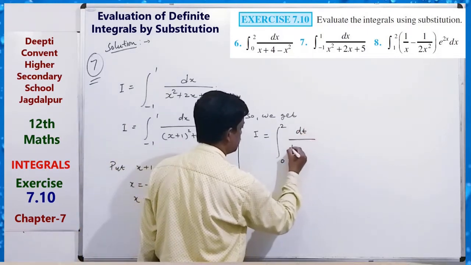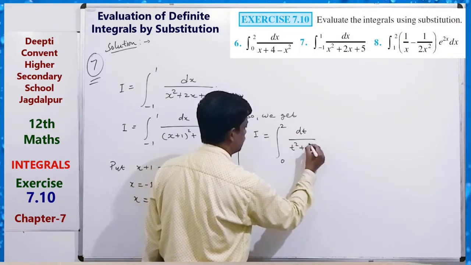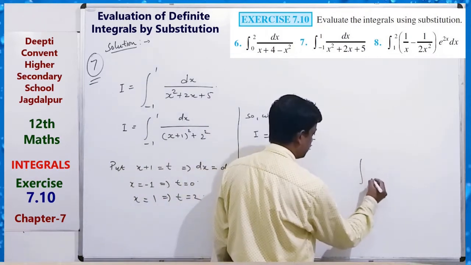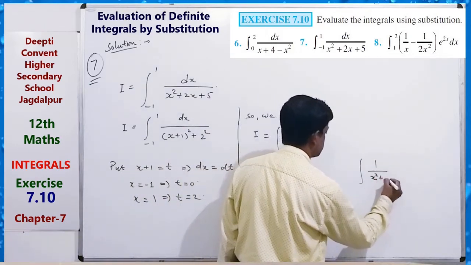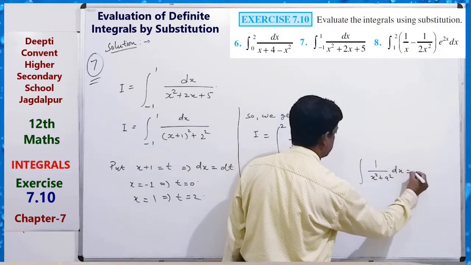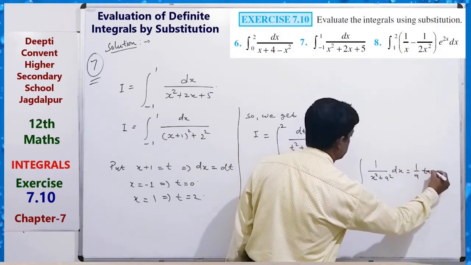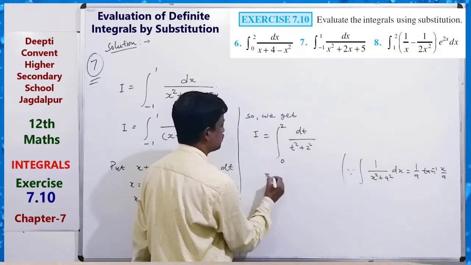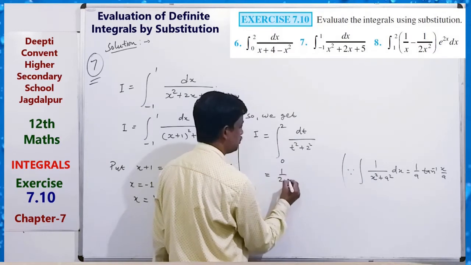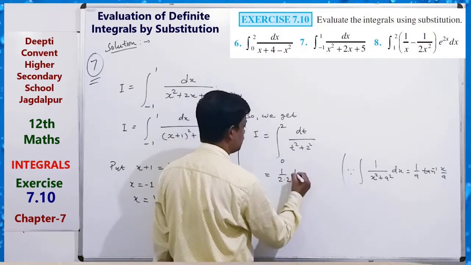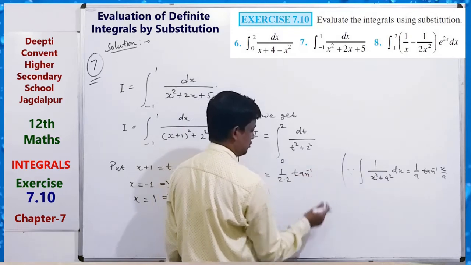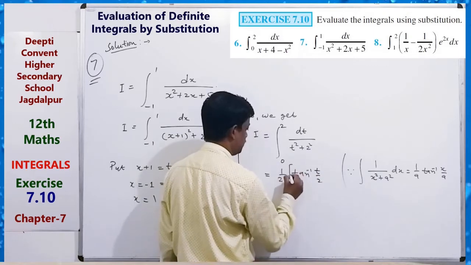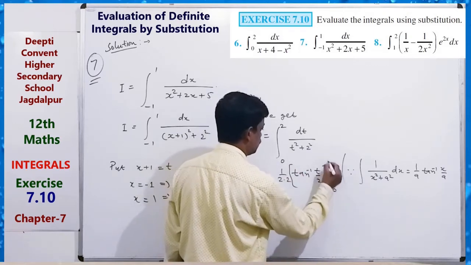We know the integration formula: 1 upon x square plus a square dx equals 1 by a tan inverse x by a. So this is equals to 1 upon a, tan inverse t by a, and the limit we have to apply is 0 to 2.